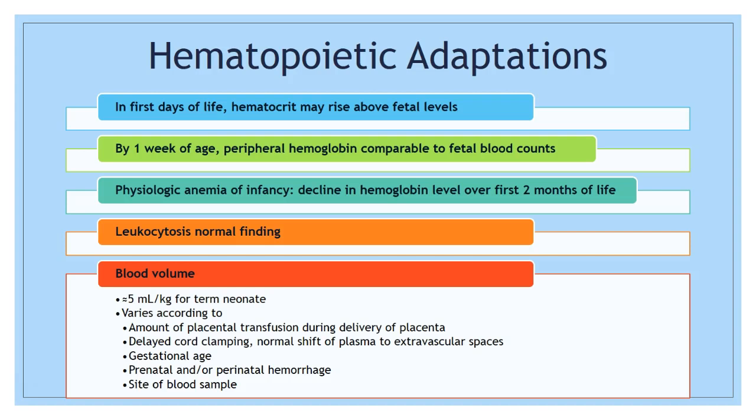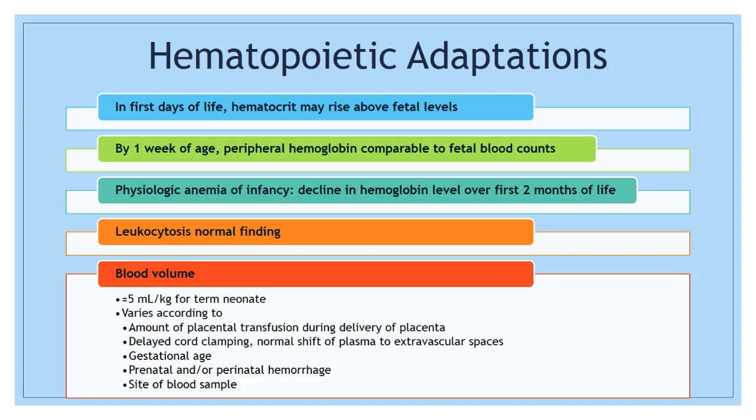So there's a physiologic anemia of infancy that happens sometimes because there's a decline in hemoglobin over the first couple of months of life, but initially they have this sort of high hematocrit.